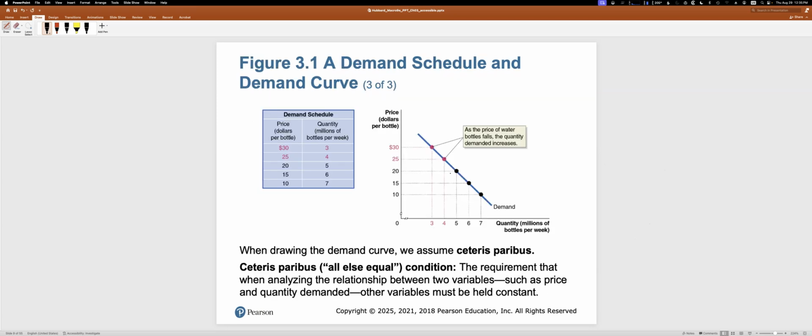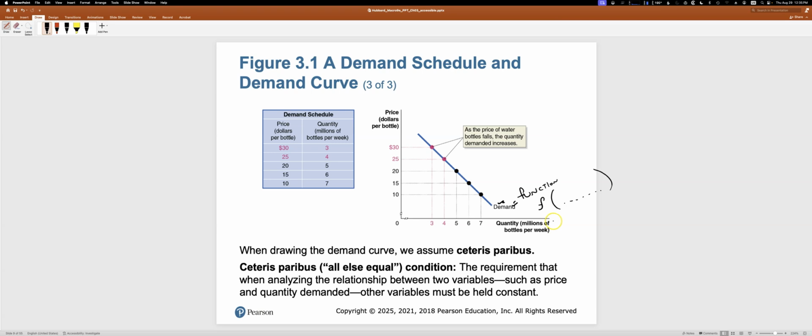And so we can start to see this here, right? So now again, we're drawing this curve as ceteris paribus, meaning nothing else is changing. We said that this demand is a function. It's a function of a bunch of different variables.